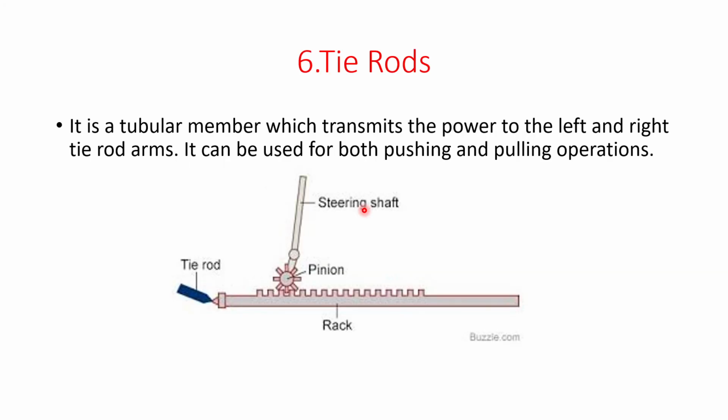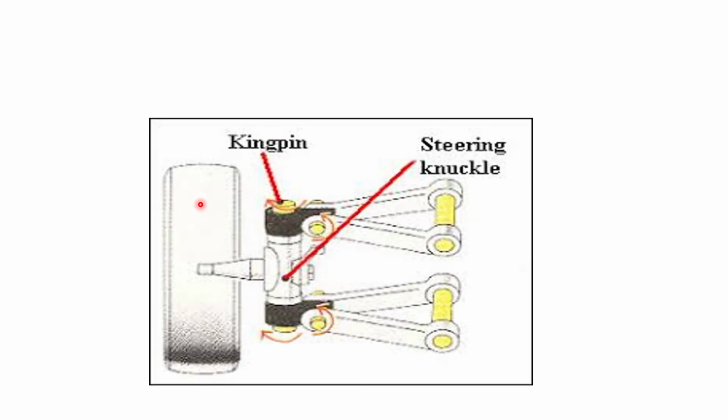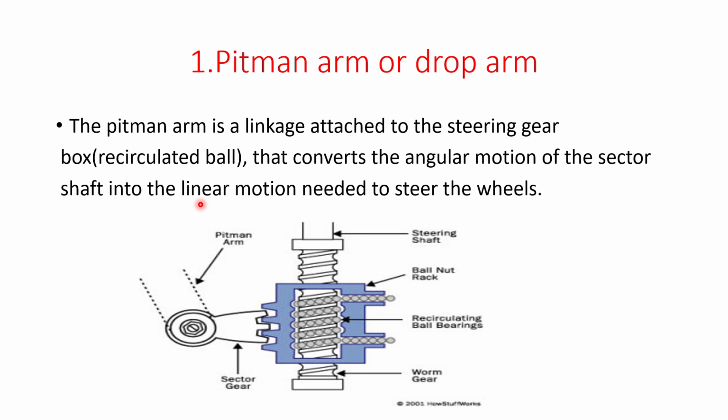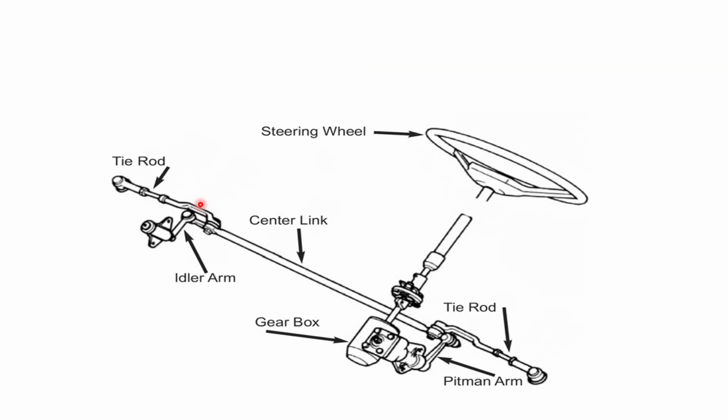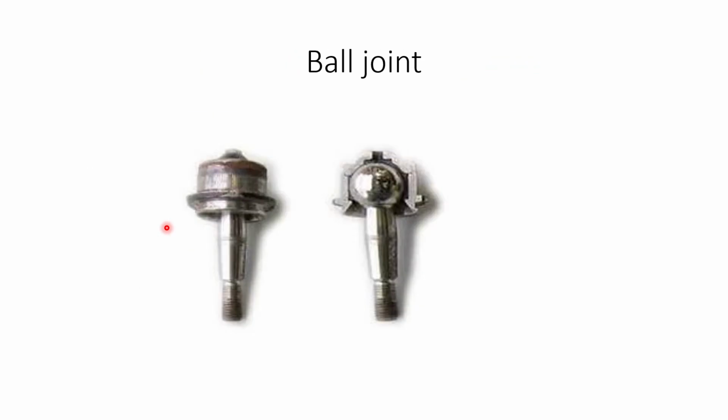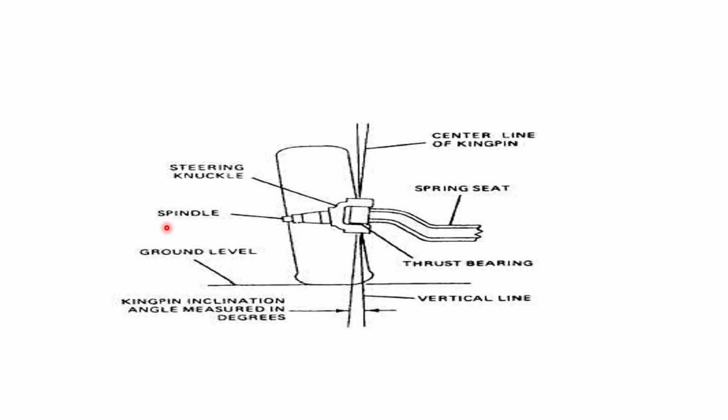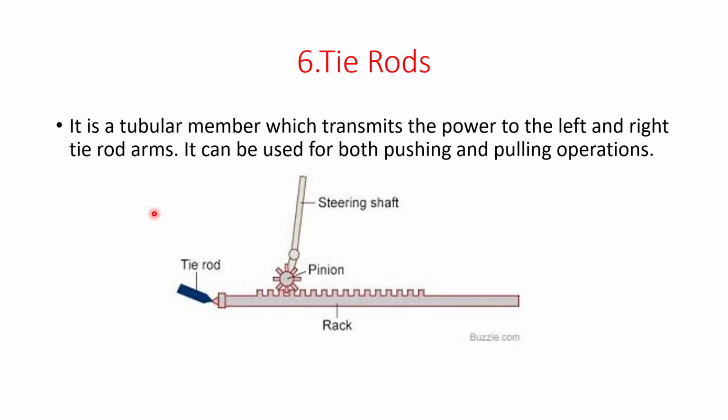And next one is the tie rod. You already saw what the tie rod is here. This one is the tie rod. This is a tubular shaft on the right and left sides of this linkage. Coming to the definition of tie rods, it is a tubular member which transmits the power to the left and right tie rod arms.